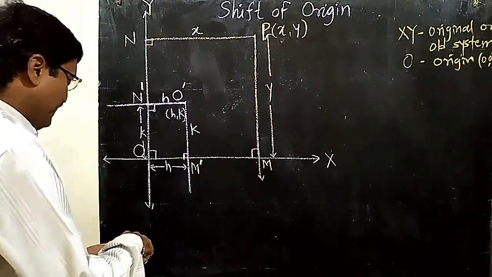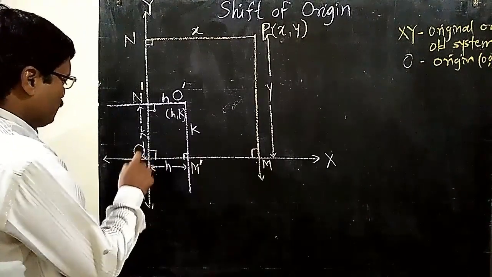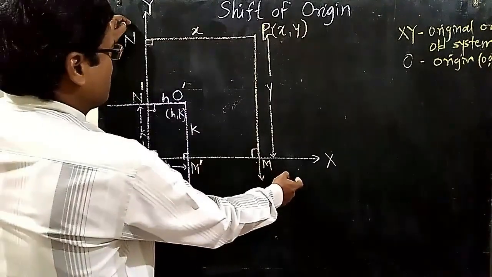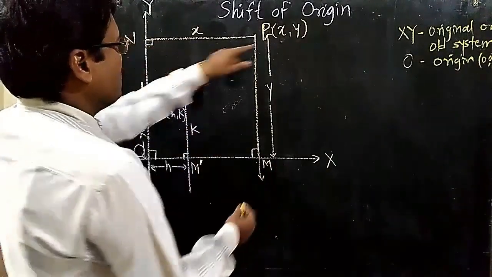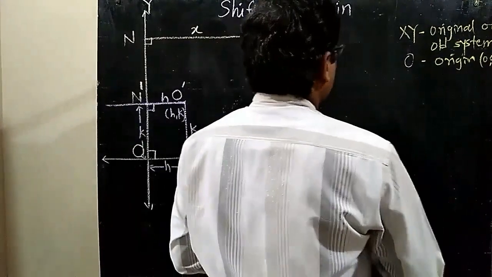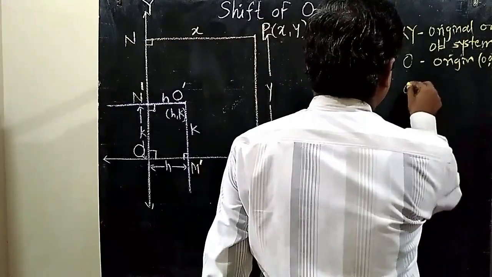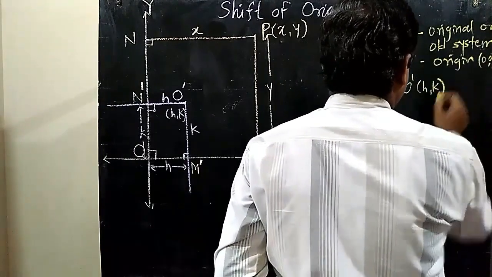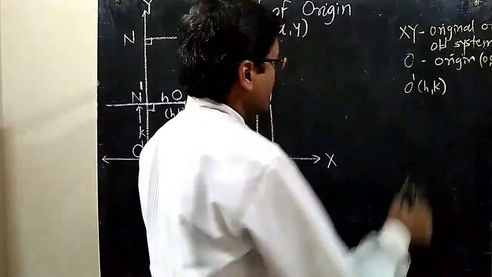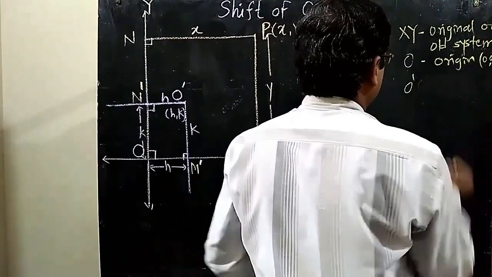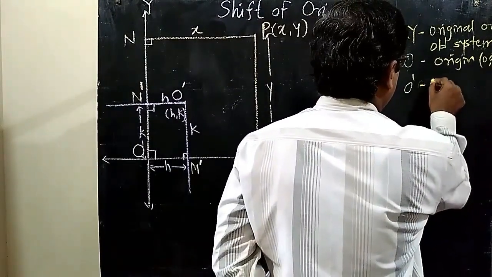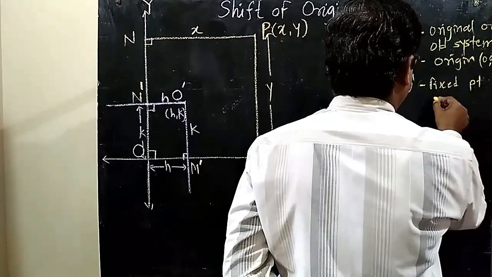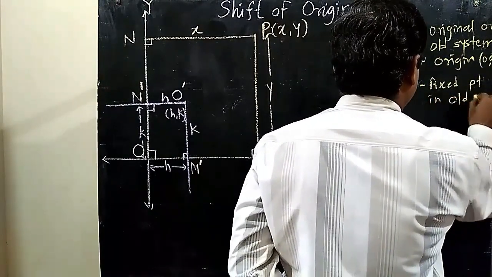Now consider that we are shifting origin from O to O dash. Actually, O is the origin of our XY system. So in this XY system, we have taken point O dash, that is HK, let us consider this O dash as a fixed point in old system.